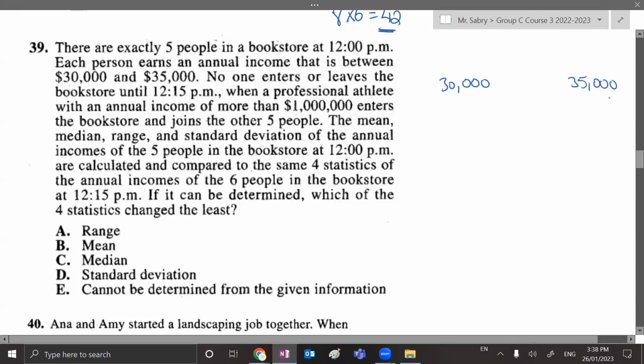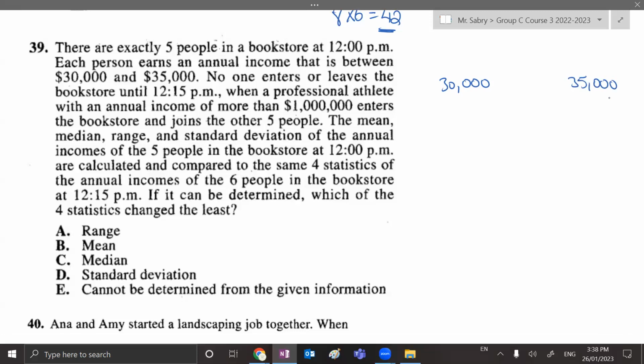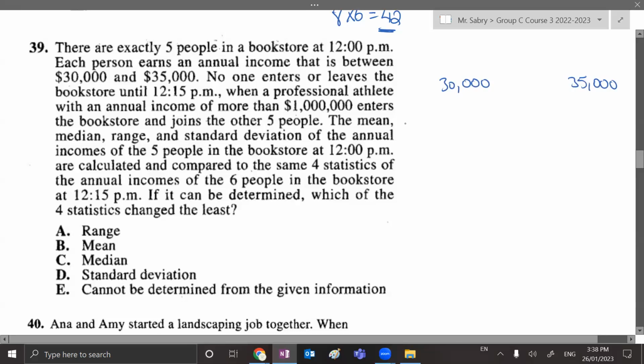These were the 5 numbers. The smallest is 30 and the largest is 35. Then a 6th number has entered, and that number is 1 million. So now we have the least value as 30,000 and the highest value as 1 million.